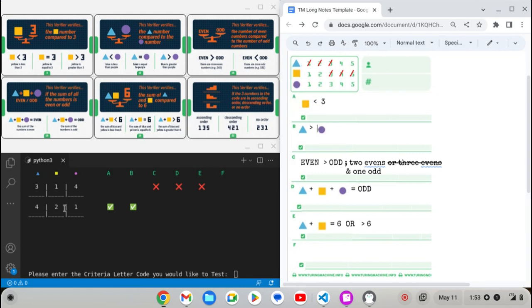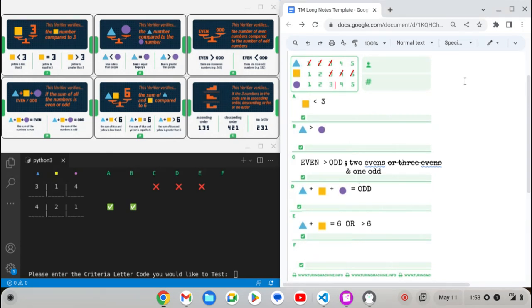Okay, and again, it doesn't mean that the actual digits in our code are 4 and 1. Obviously, well, not obviously, but yeah. So we just know that triangle's bigger than circle. So what can we say about that? If triangle's bigger than circle, that means circle cannot be a 5.